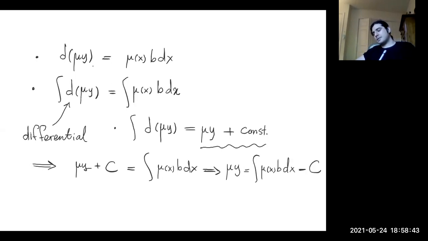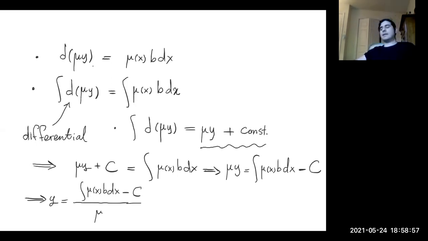minus this constant c, and I can divide both sides by mu, assuming it's non-zero, at least not zero everywhere, hopefully. Well, we had some property it should satisfy, so we can find what mu is. So we can divide both sides by mu, and we would find y. This is the value of y.